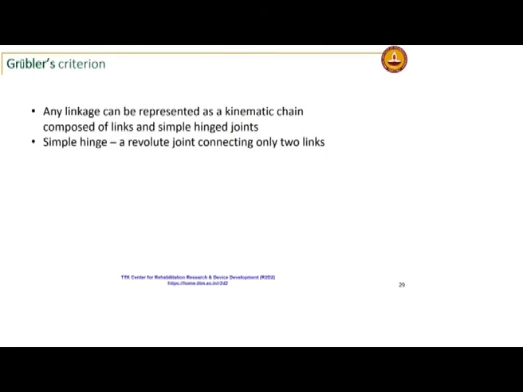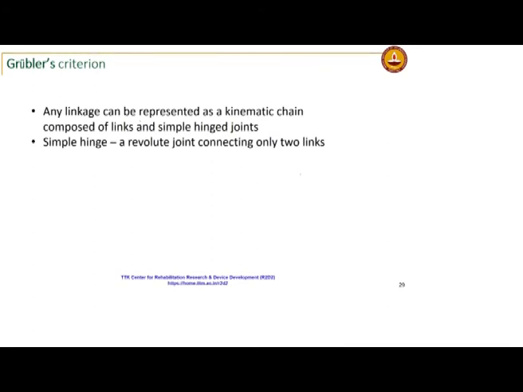And even in a linkage, you can always represent any linkage as a kinematic chain which has only links and simple hinge joints. A simple hinge joint is a revolute joint that connects only 2 links. It does not say that the links have to be binary.